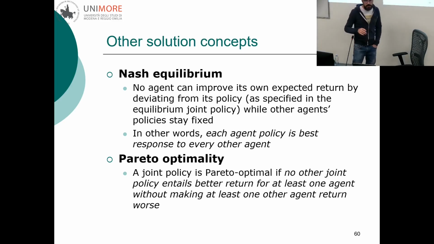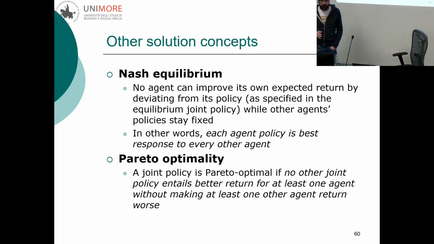Pareto optimality is a slightly different thing. Keep in mind that, let's say, to understand better the Pareto optimality and the difference, because at first sight they may seem almost the same. They may seem extremely similar, but they are not. The Nash equilibrium tells us nothing about whether any individual agent got its maximum possible expected return.